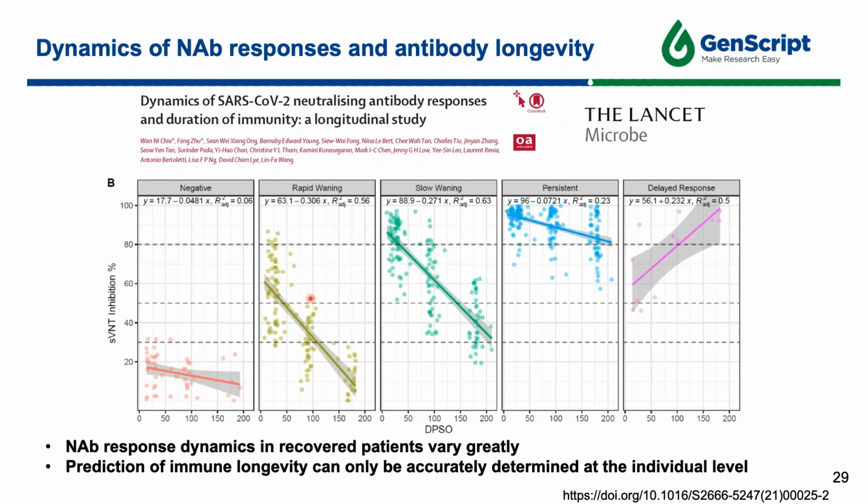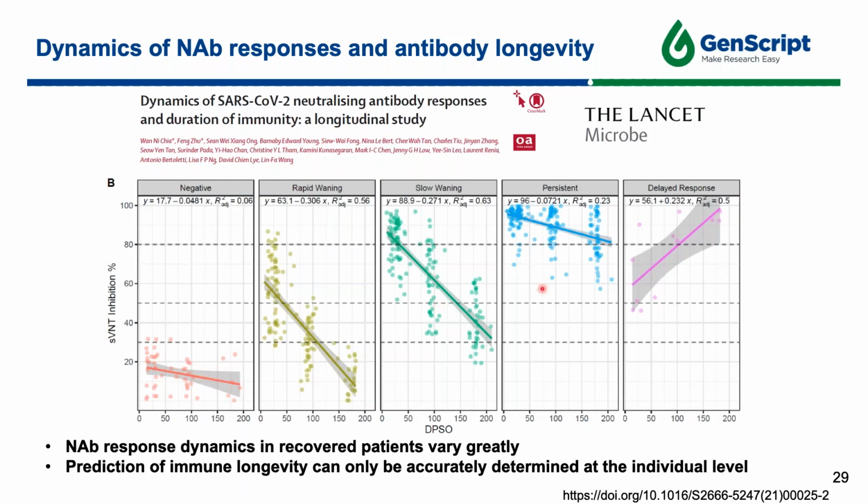For the rapid waning group, the initial level of the neutralizing antibody is high. However, the antibody level drops very rapidly over the course of 6 months, and at the end of the 6 months, it dropped to a negative level. The luckier group is the slow waning group, where the drop of the neutralizing antibody is slower.